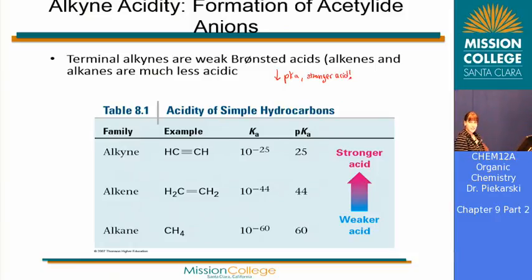And so when we look at the data of an alkyne versus an alkene versus an alkane, we'll see that alkynes in comparison are the stronger of the acids. I mean, a pKa of 25 is still a very, very weak acid. So we'll need an extremely strong base to pull off that proton, but it does say that it could happen, right?